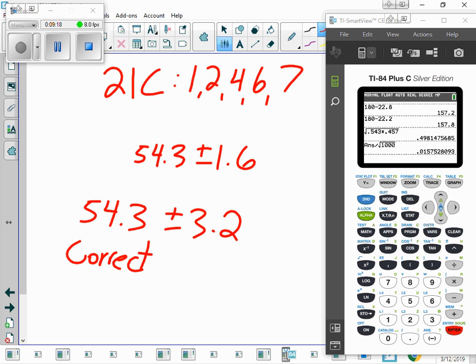Now, if 100 of us do this, 95 of us will probably be right, and 5% of us will be wrong. But my confidence interval is either right or wrong. So you can't say I have a 95% chance of being right. I guess before you take the sample you can, right?